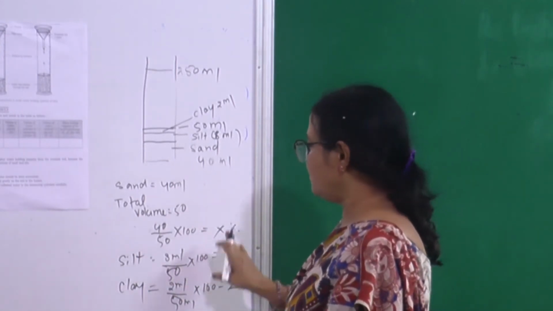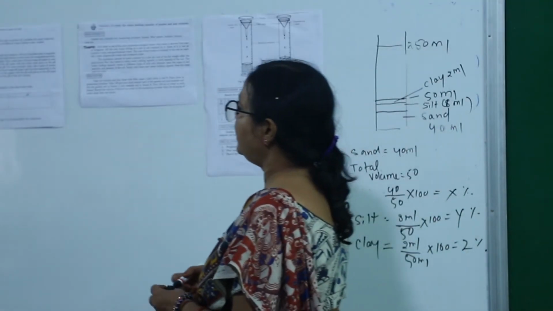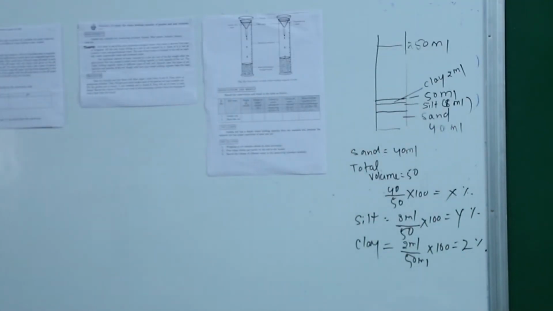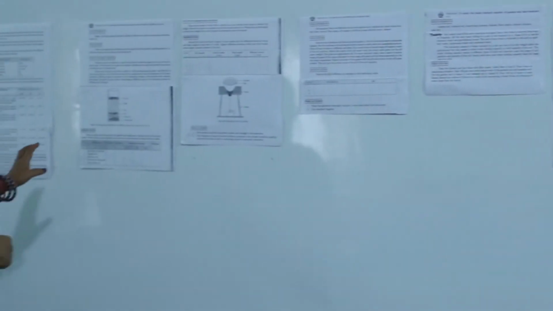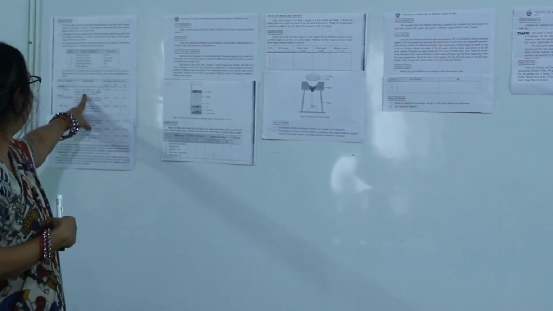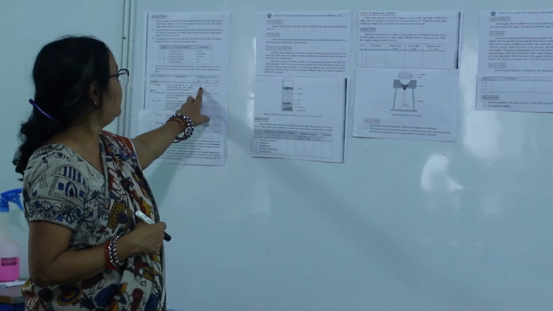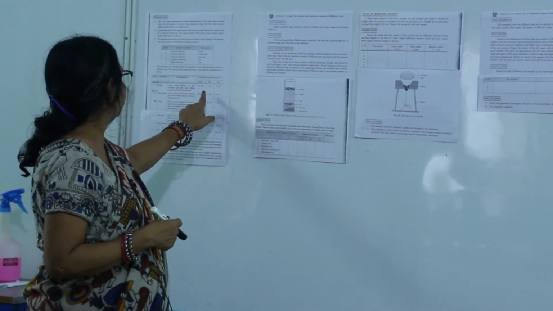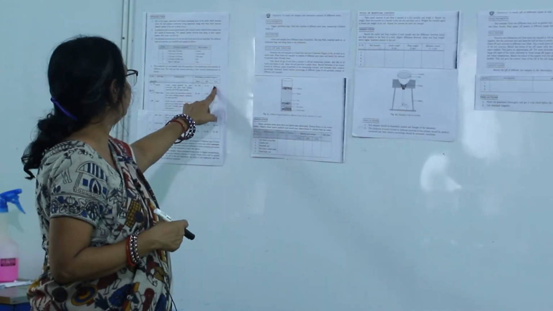So in this way you will get the percentage of the different layers, sand, silt and clay, and here an observation table is given. In the chart, if sand percentage is between 85 to 100, silt 0 to 15 and clay 0 to 15, then it is sandy soil.